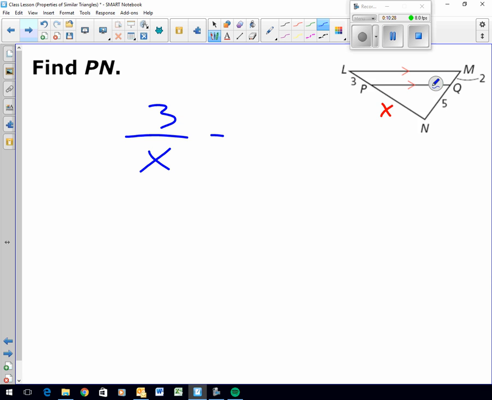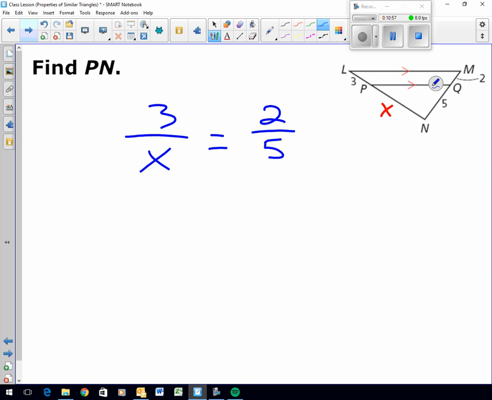Perfect. 3 over, let's just call it x, equals 2 over 5. So if you're in the back and you're talking, you probably want to write that down because that's how you set this up. My other side lengths that are the non-parallel side lengths are proportional, right? 3 over x has to equal 2 over 5, and I'll make that happen by cross multiplying here.